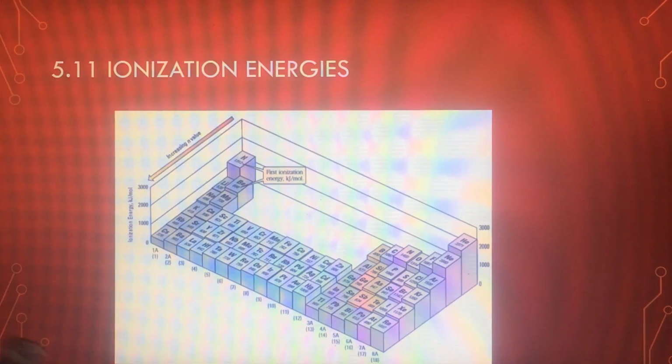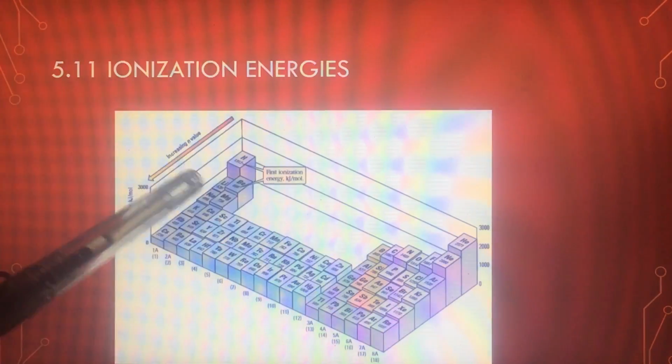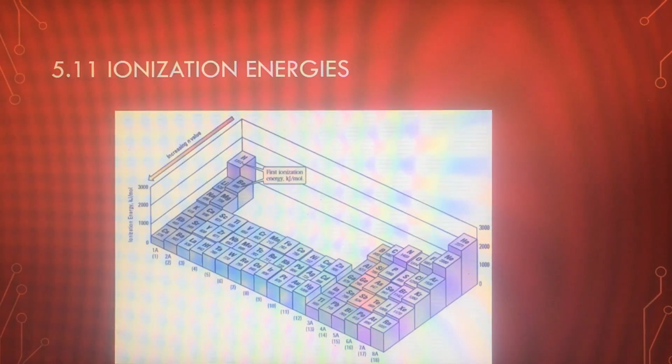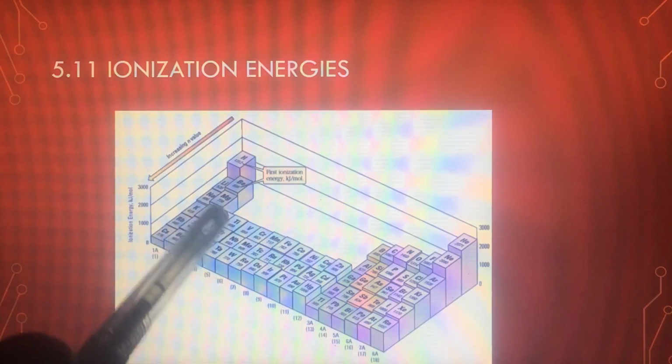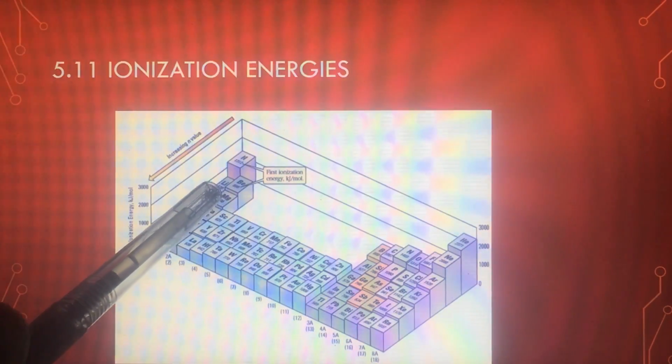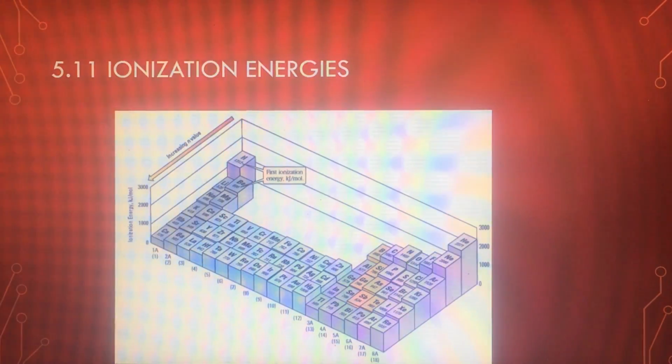What about across a period? This is the same explanation, related to the atomic radius. In lithium, we have a positive 3 nuclear charge because of 3 protons.